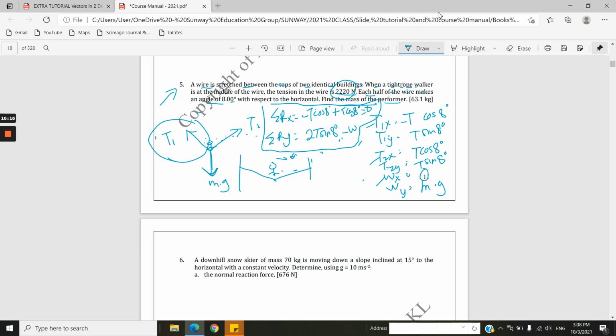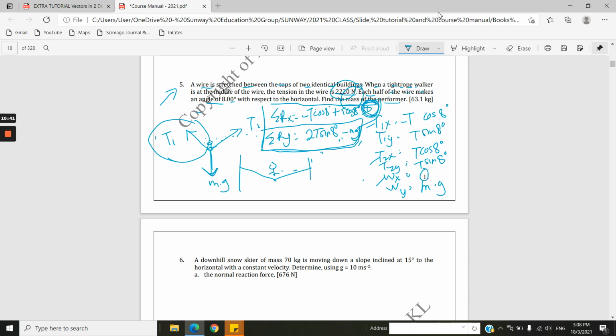But this person is not moving in the x direction, then the force in x direction is also 0, by the way. So we don't care about the x-axis anymore, we just need to know the y-axis, because your weight, you want to find mass, right? Your mass is actually in the y-axis, minus mg.